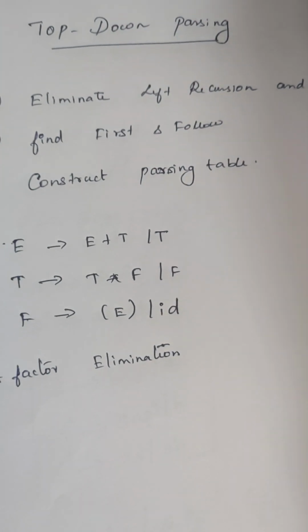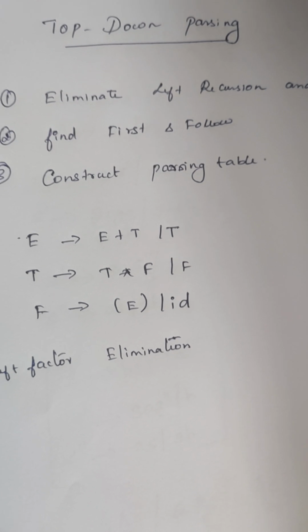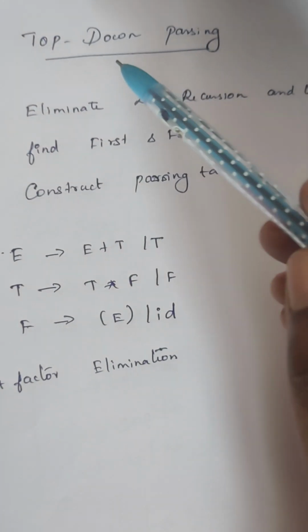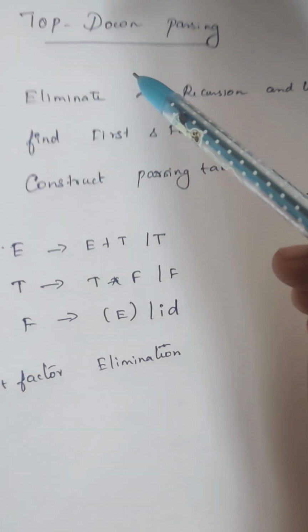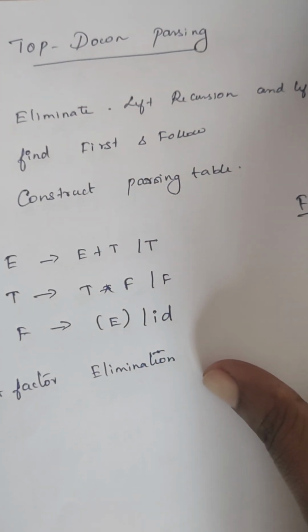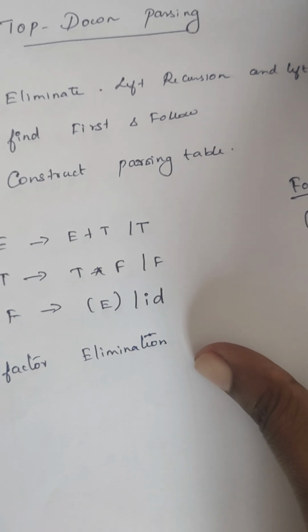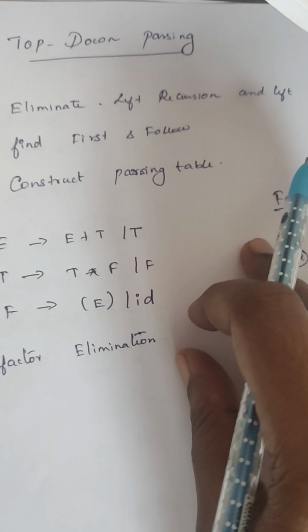Good morning. After doing the left recursion and left factoring, we are coming to the next topic, top-down parsing. For this construction, we discussed how to eliminate the recursions and the factors.